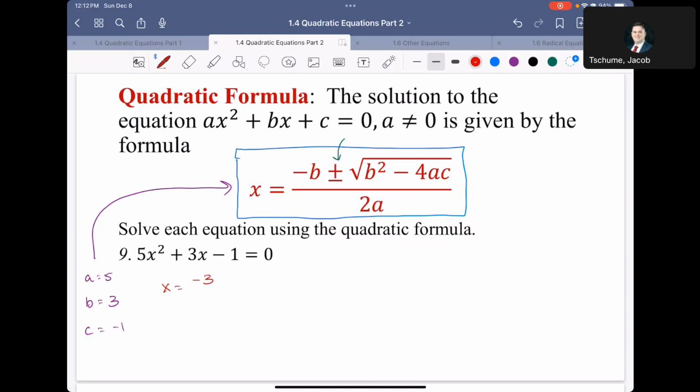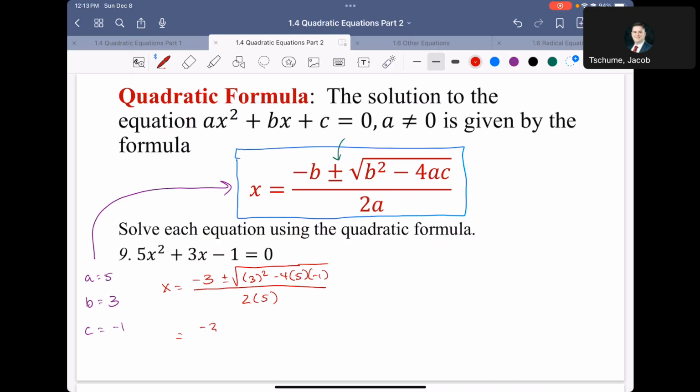So for us, that would be negative 3 plus or minus the square root of your b value squared minus 4 times your a value times your c value, which is 5 and negative 1. All of that divided by 2 times a, which is going to be 2 times positive 5. Use your calculator where you need to, but you do need to simplify this a little bit.